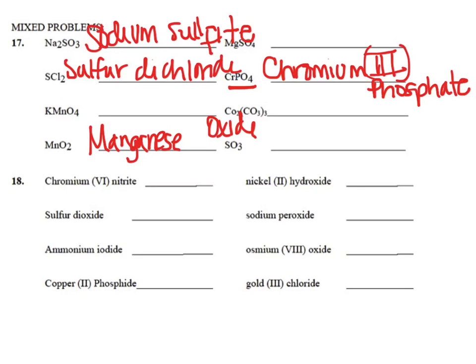Don't look at the periodic table. What's the charge on oxygen? Oxygen's always a -2, and there's 2 of them. So total of -4. So manganese charge has to be +4. So it's manganese 4 oxide.